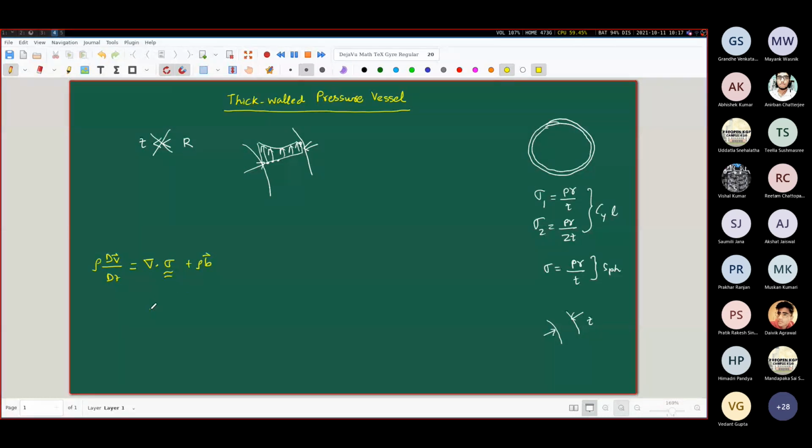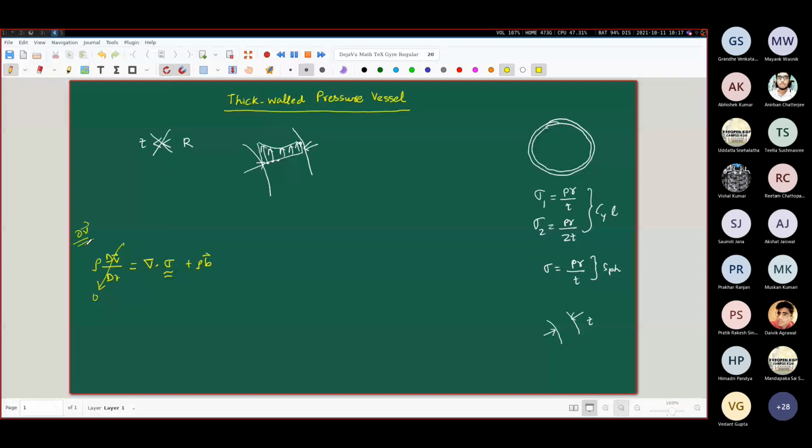Now, in some special cases, you can drop this left-hand side term. So in a Lagrangian framework, if we say that the things are not time dependent, then we can directly drop this term. In an Eulerian framework, it is a little bit more difficult than that, because this Dv/Dt is basically del v del t plus v dot grad v.